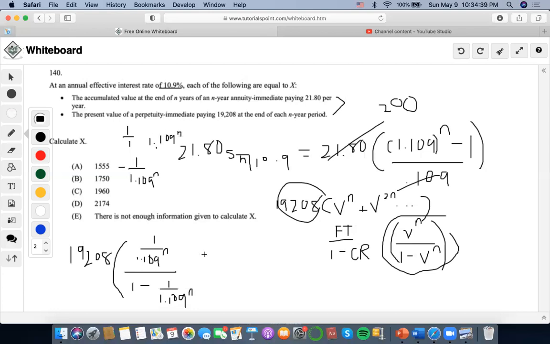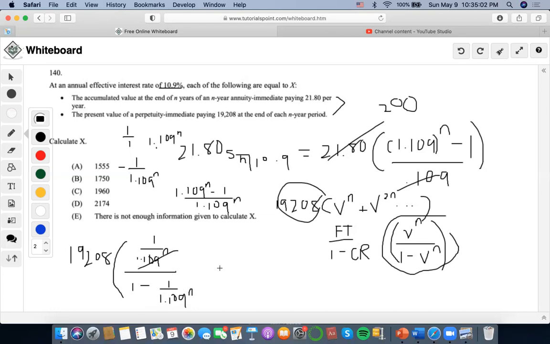1.109 to the n minus 1 over 1.109 to the n. So if I put this in here and if I were to flip it over, we would get rid of this amount.